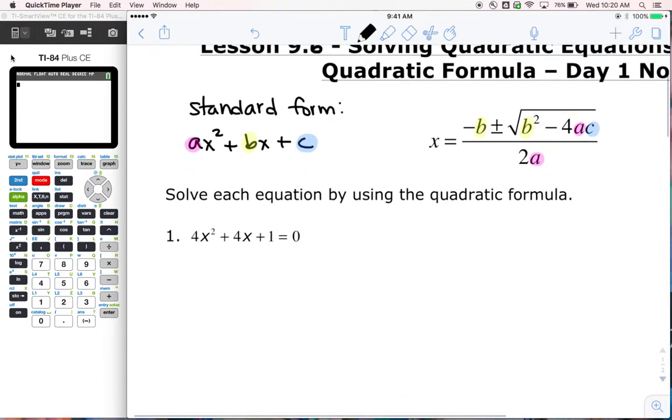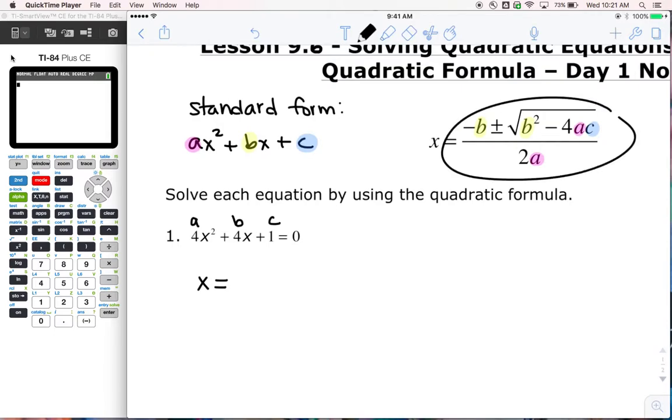So let's take a quick look at number 1. Let's identify that a is 4, b is 4 again, and c is 1. And it should be equal to 0. If it's not, get it equal to 0. So what I'm going to do is write my quadratic formula here. I'm going to write x equals, and I'm going to leave a space for all these highlighted letters here.